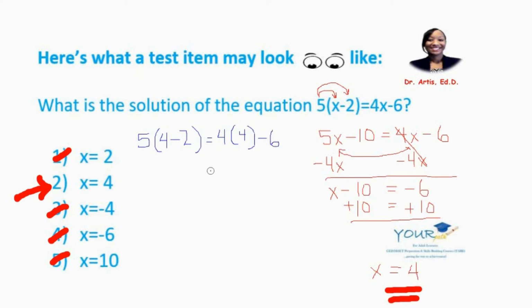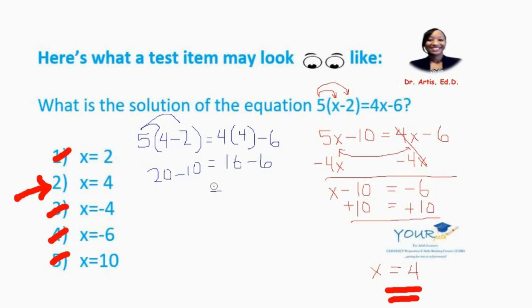Okay, so when we solve this, we get 4 times 4 gives us 16, minus 6 on the right side. 5 times 4 gives us 20, and then 5 times negative 2 gives us negative 10.